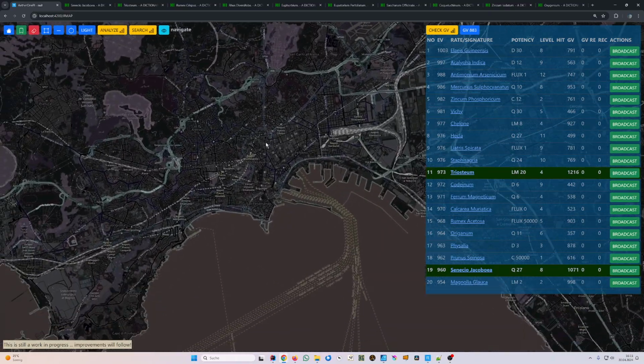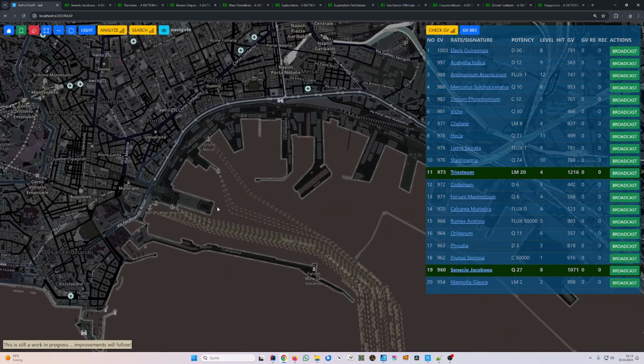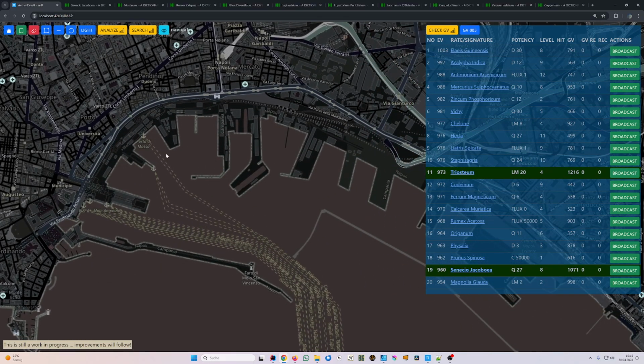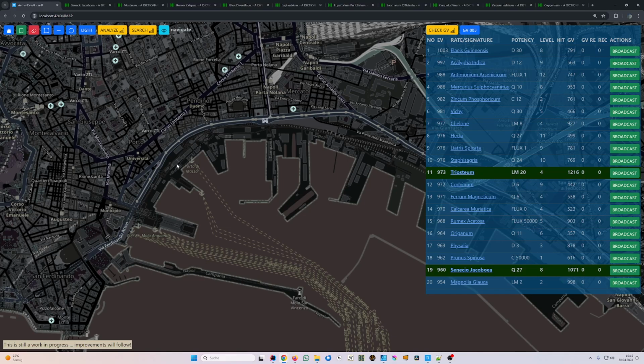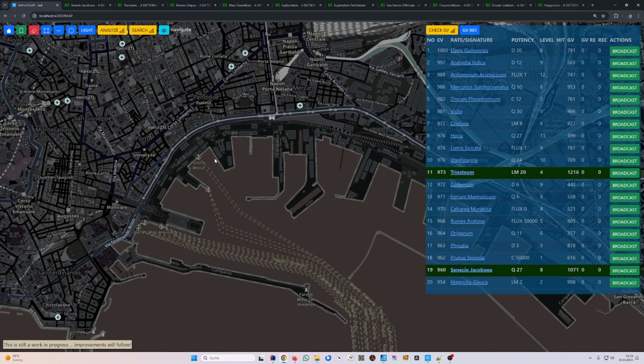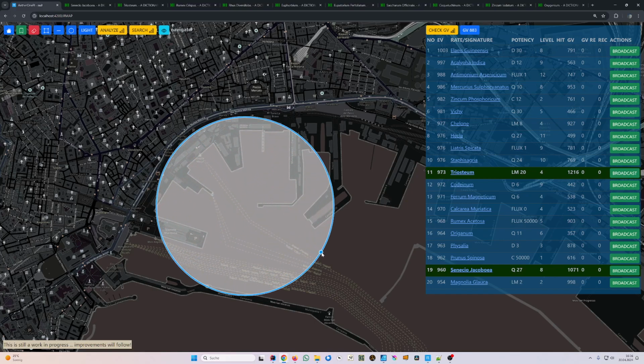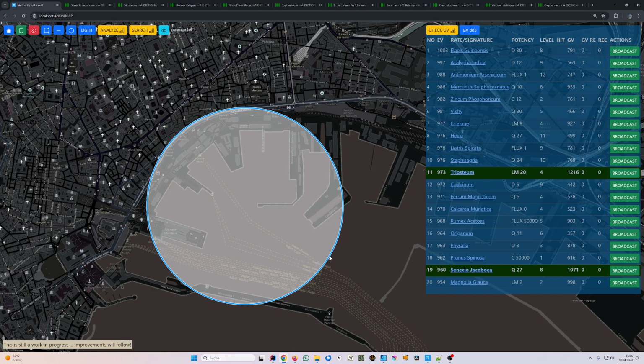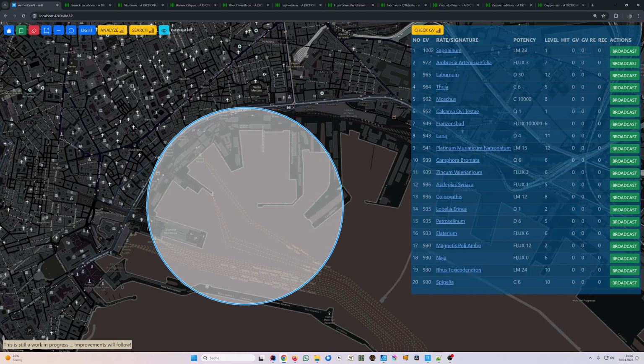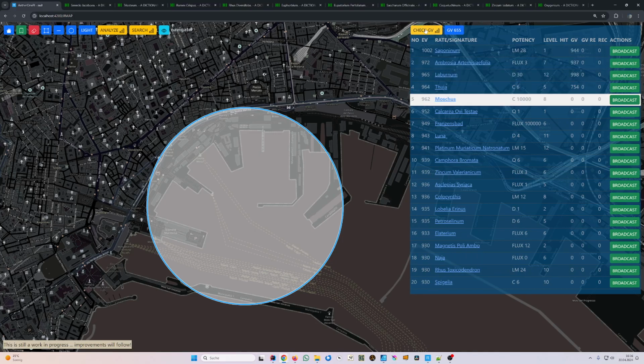Now let's make an analysis of the harbor, Porto, the harbor of the region here. Okay. I already see something.